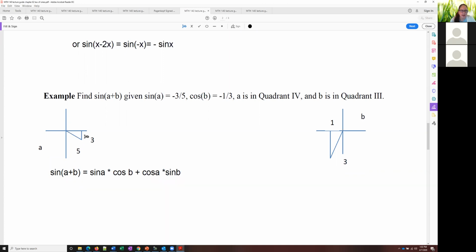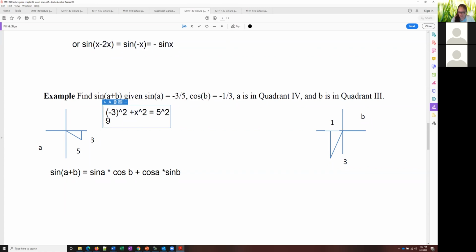Okay, so I kind of set up my little right triangle in quadrant number 4. We know that the sine is -3/5, so the y value is -3 and the hypotenuse is 5. So we'll do -3 squared plus x squared equals 5 squared.